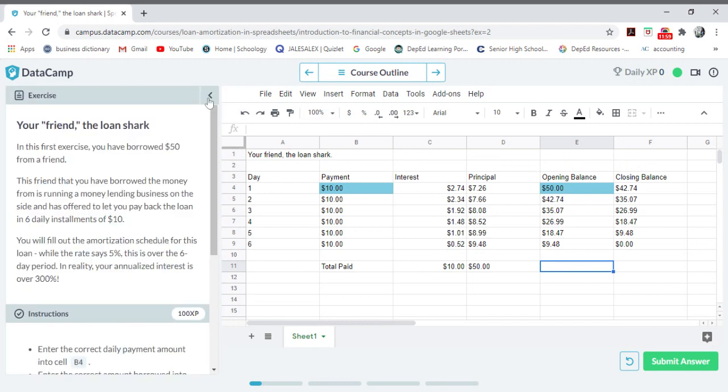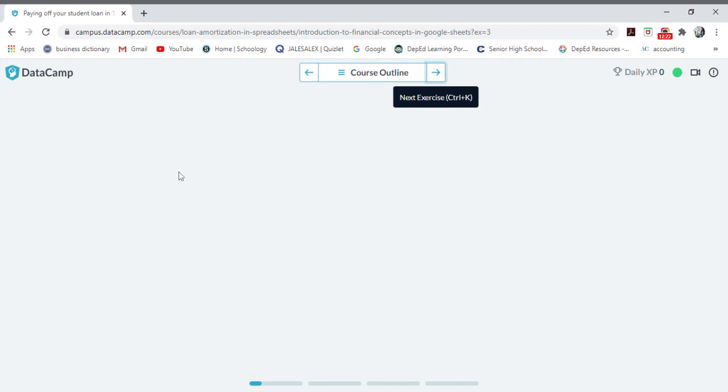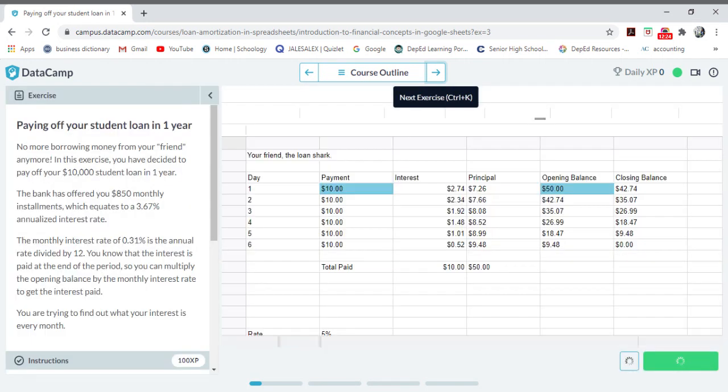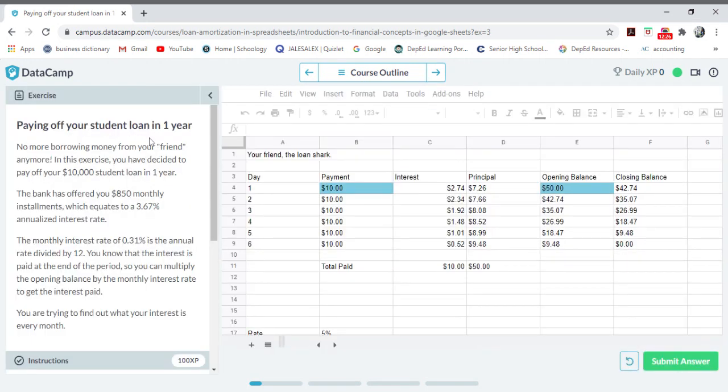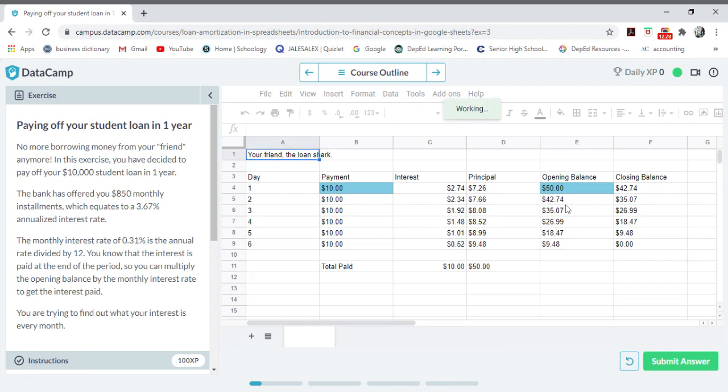Let's thank campus.com, which provides this spreadsheet for us to have easy access and an easy solution for finding the loan amortization. There are so many problems here. We also have another exercise, like paying off your student loan in 1 year. How are you going to do that?